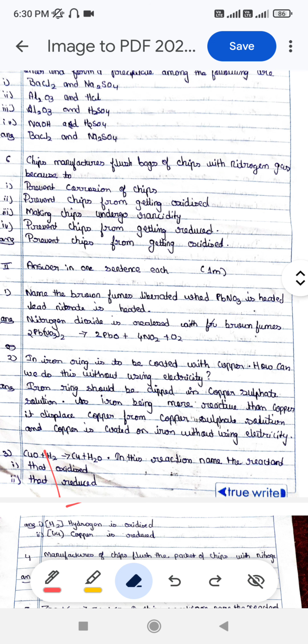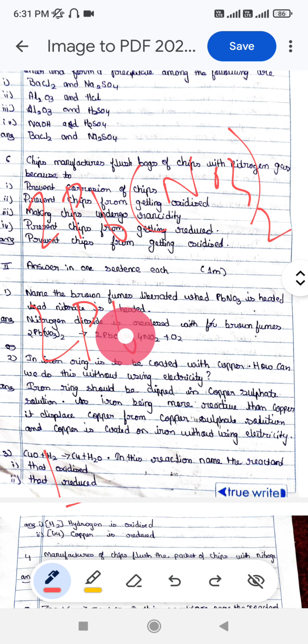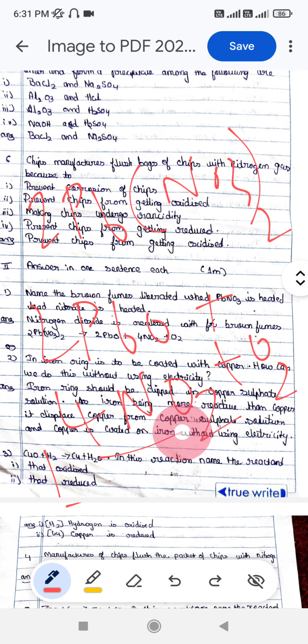The reaction is 2Pb(NO3)2 gives 2PbO, lead oxide, plus 4NO2, nitrogen dioxide, plus oxygen, which is released. Brown fumes of nitrogen dioxide gas are released when lead nitrate is heated.